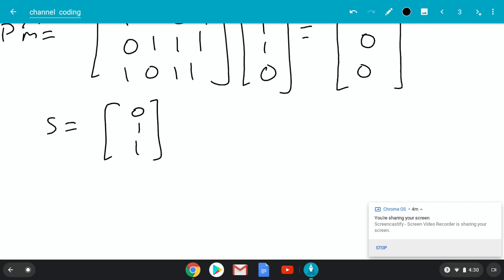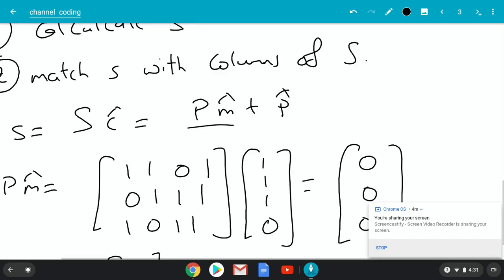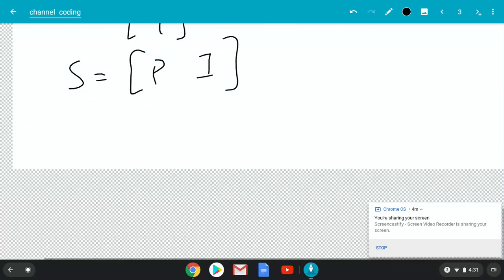So that means the error bit should be whatever column of capital S this is, right? 011. So let's go to capital S. Let me write down capital S here. Capital S is P I, right?